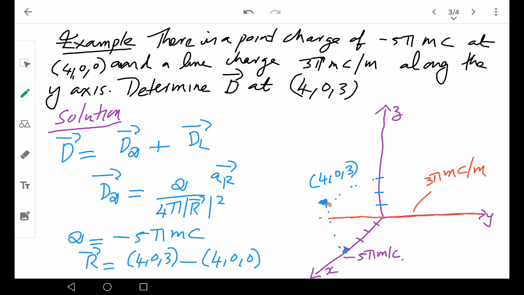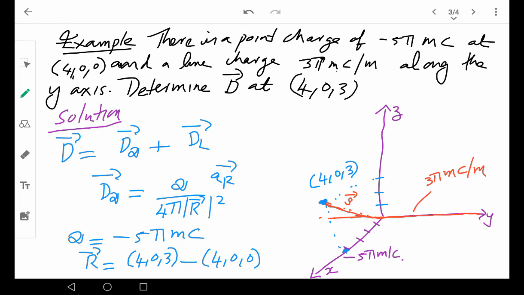This vector is ρ, and aρ starts from here to here. On the y-axis you have x equal to 0 and z equal to 0.